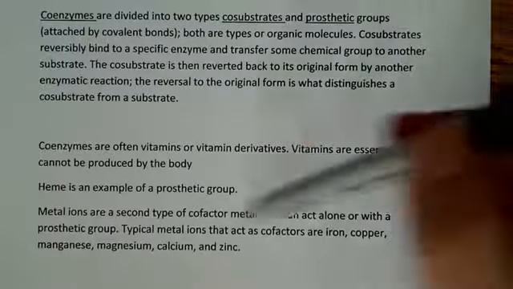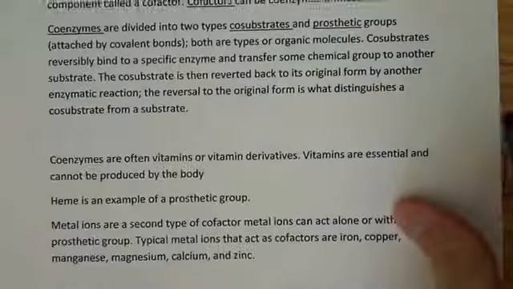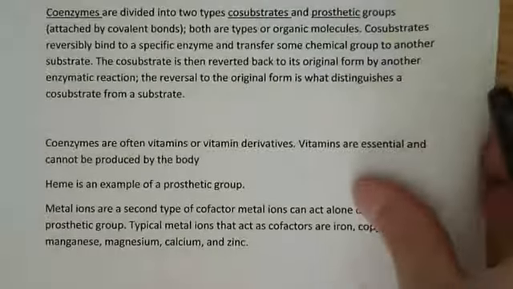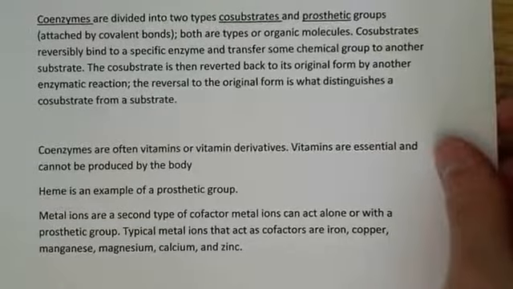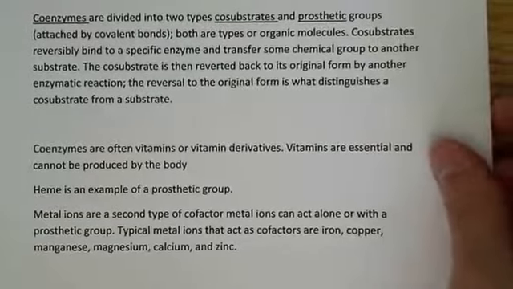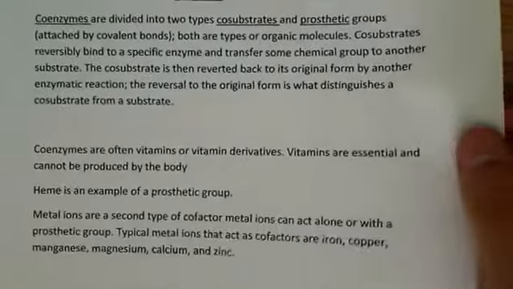Typical metal ions that act as cofactors are iron, copper, manganese, magnesium, calcium, and zinc. And that's just simple. Again, with the cytochromes, you can go from Fe2+ and then it can become oxidized to Fe3+. With hemoglobin, the heme group stays in the Fe2+ state, though.